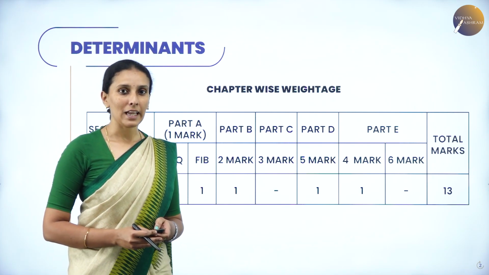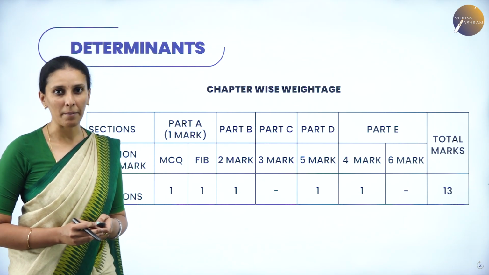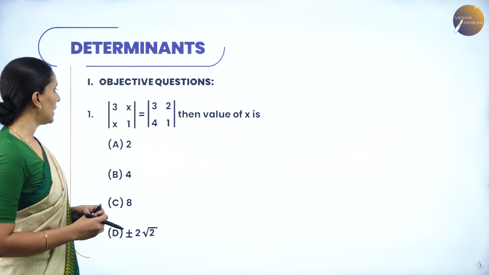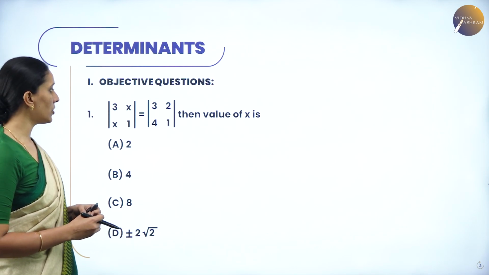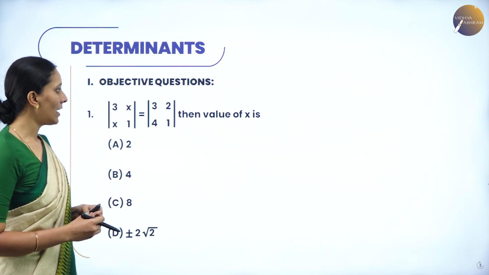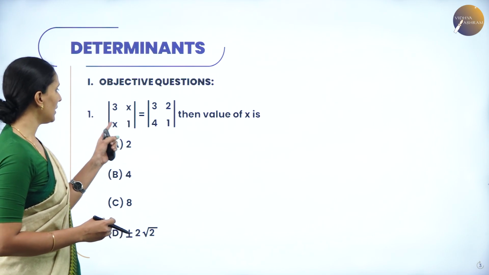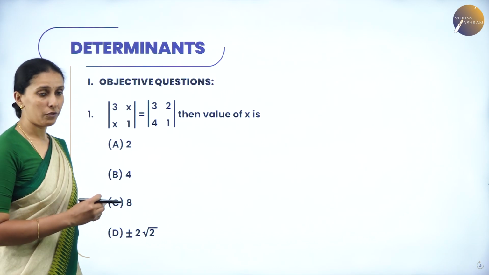So let's take a few important questions related to this chapter. So we have objective questions here. The first question is determinant of 3, x; x, 1 is equal to determinant of 3, 2; 4, 1. Then the value of x is 2, 4, 8, plus or minus 2 root 2. So here they have given two determinants that are equal, so obviously their values will be equal.